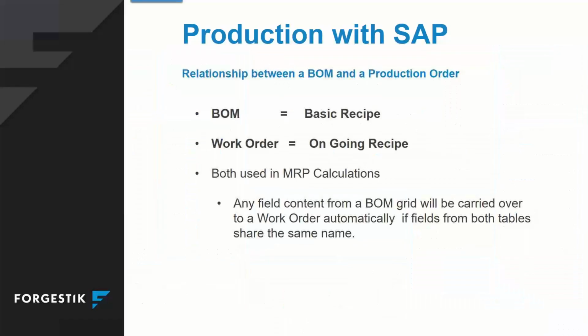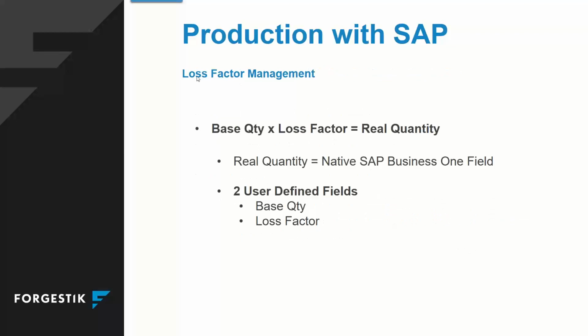So I did that, and more or less I did that to manage loss factor in production orders. So in the current production order I'm going to show you, we are going to enter some base quantity, and the system will add a loss factor. The system will calculate the real quantity required.